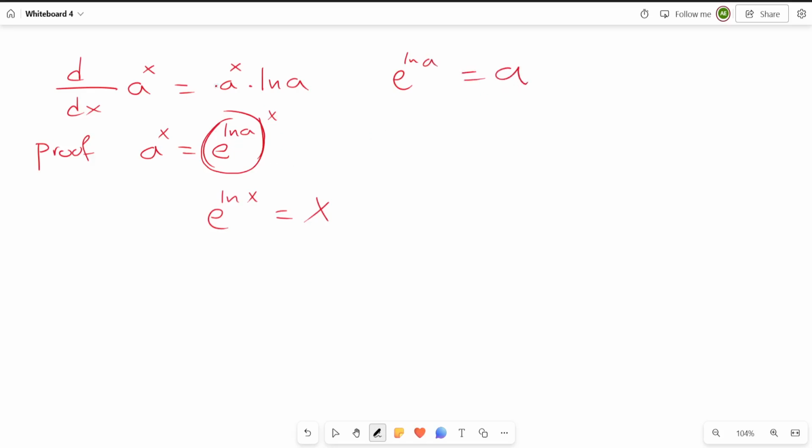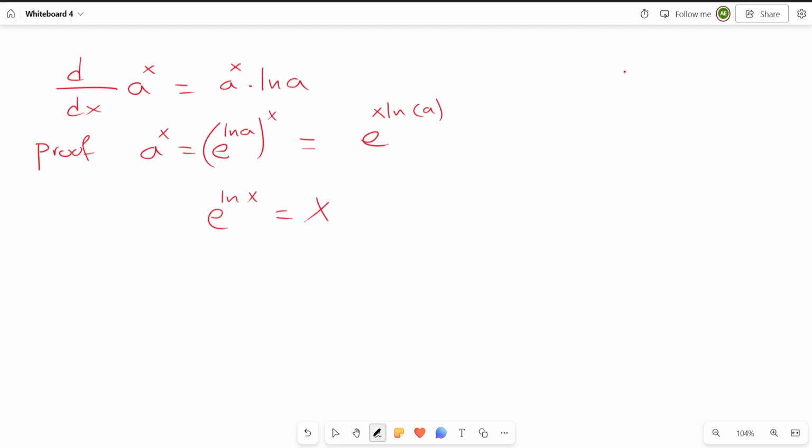So basically this part, e to the power of ln a, is equal to a. And I know that I want the differentiation of a to the power of x, so this part is a, and I'm going to raise it to the power of x. So basically, this is exactly the same as a to the power of x. Then I can rewrite this as e to the power of x times ln of a.